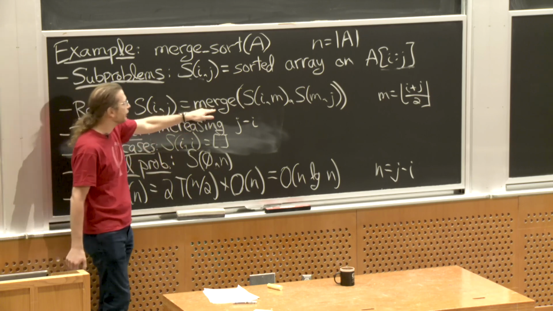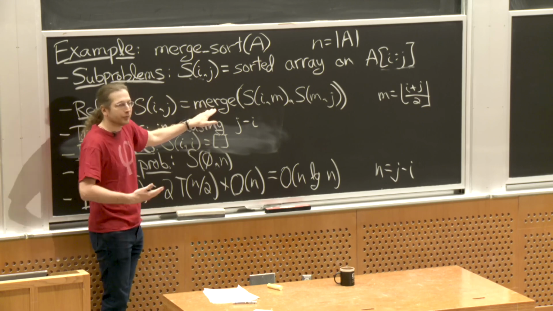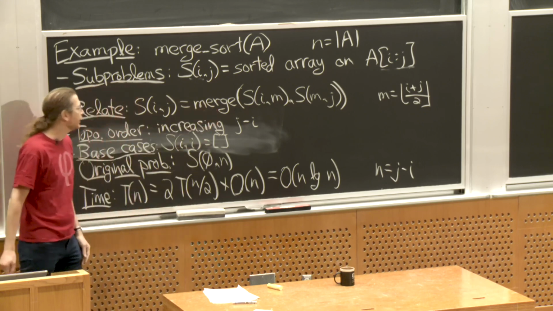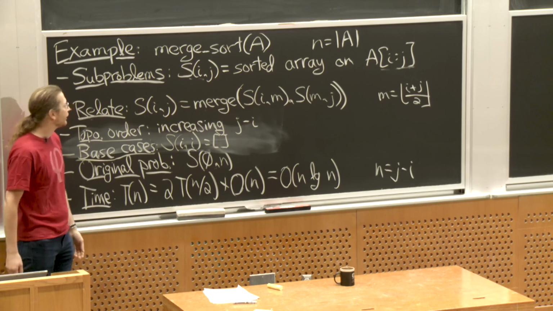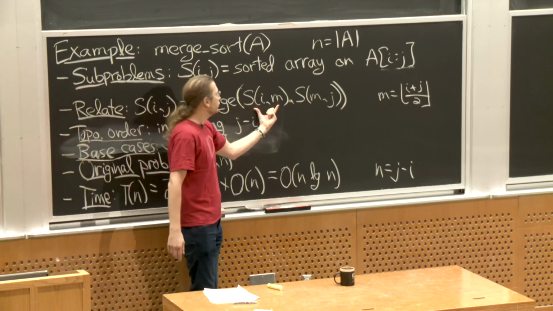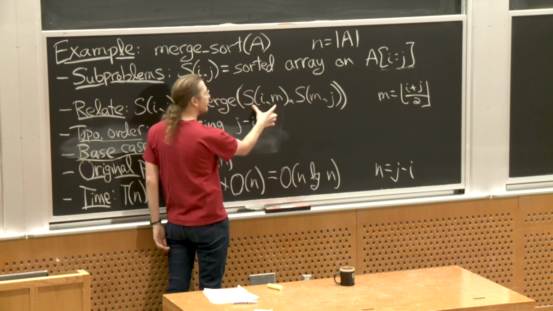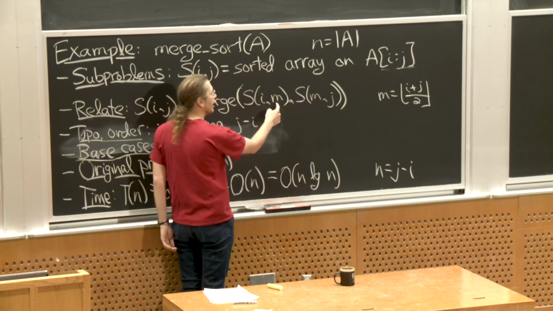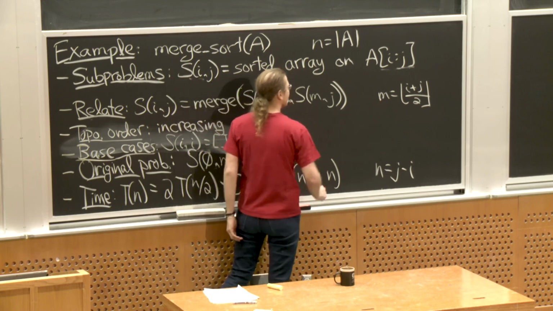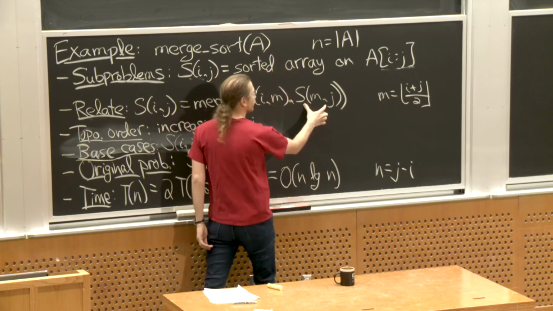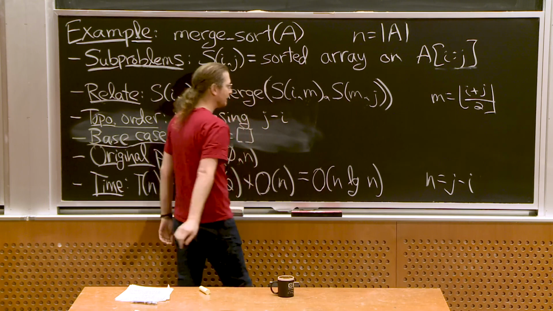Of course, there's a merge algorithm, which is somewhat complicated, but we saw the 2-finger linear time merge algorithm given 2 sorted arrays. So this is supposed to be the sorted array version of the items i through m. m is the middle element between i and j. And the sorted array of the items from m up to j.